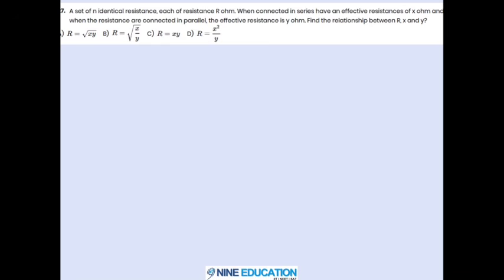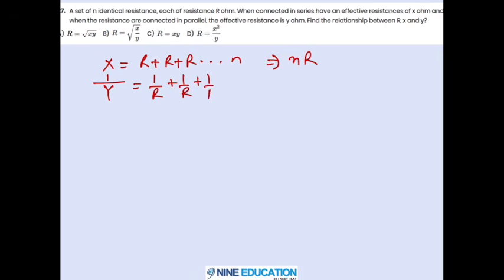So when resistances are connected in series, X is equal to R plus R plus R and so on up to n times. This is nR. When resistances are connected in parallel, 1 by Y is equal to 1 by R plus 1 by R plus 1 by R up to n times, which is n by R.